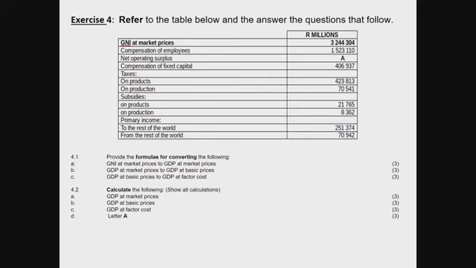And then that brings us to the final exercise in this session, which is exercise 4. They say refer to the table below and answer the questions that follow. Now this is a typical exam type question where you are given the table and now you are asked questions based on that. Okay?